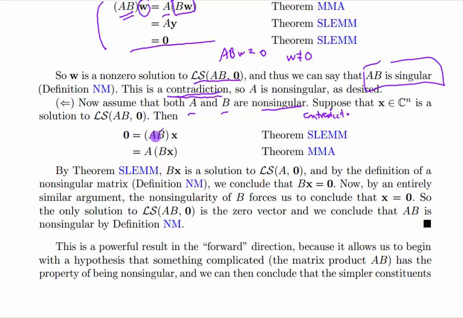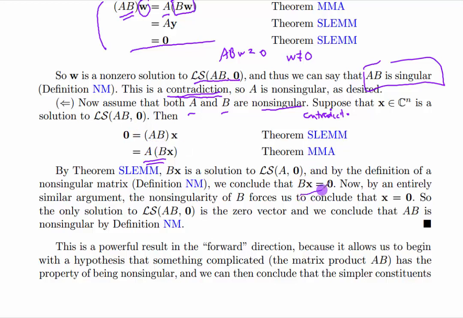In that case, I'll have 0 equals AB times X, which is equal to A times BX. Now, we have that A is non-singular. Okay. Since A is non-singular, the only way for this to happen is that BX must be 0.